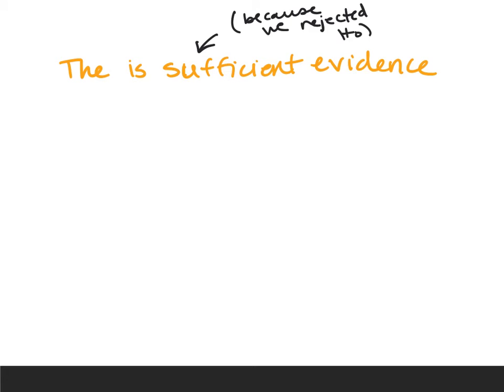So that's why we're able to say that we have the evidence that we need. So there is sufficient evidence at the alpha equals 0.05 level of significance.